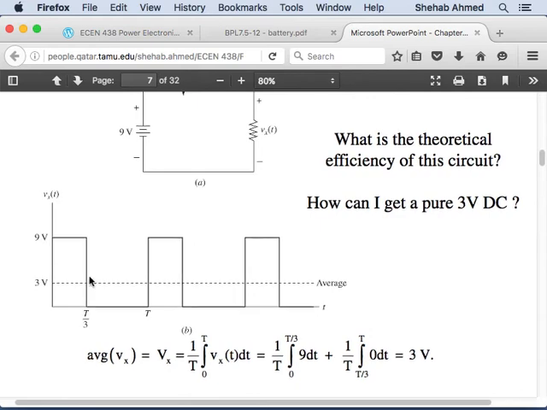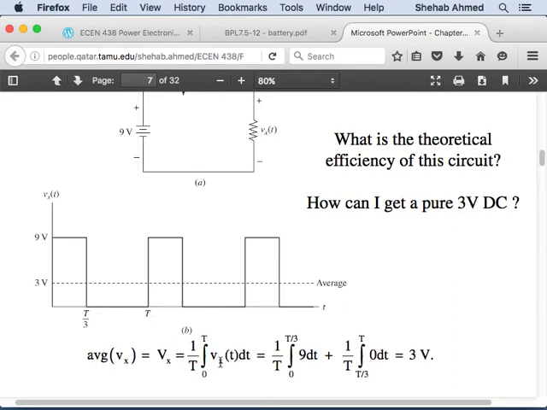Right? This waveform is a square waveform. This square waveform has an average value. Like any periodic waveform, you can find the average value. The average value of a waveform is 1 over the period of the waveform, times the integration of the waveform over the full period, 0 to T. This waveform keeps repeating every capital T seconds, right?